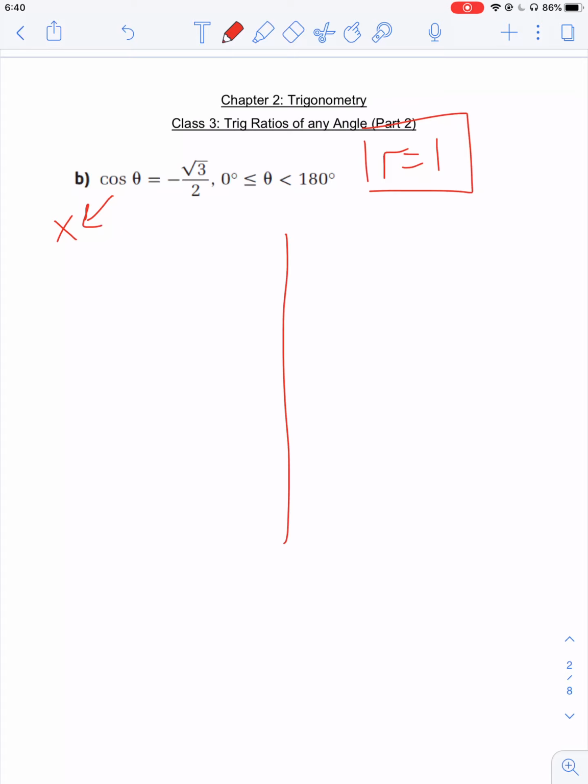Let's do the Cartesian plane. So we have the Cartesian plane, x, y. Now they are telling me that my x coordinate is at negative square root of 3 over 2. This is where my x coordinate is, right? But the problem is, because my x coordinate is over here, my y coordinate could either be positive or negative, right?